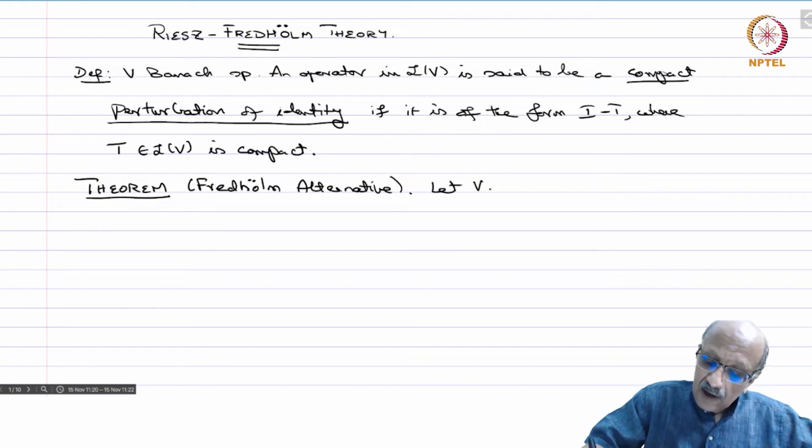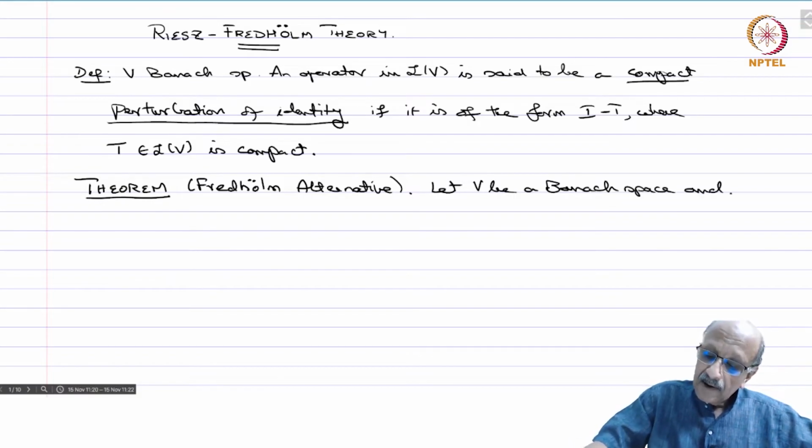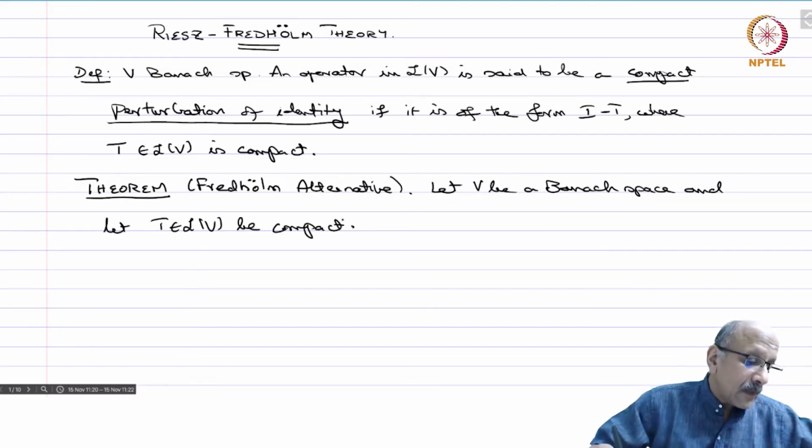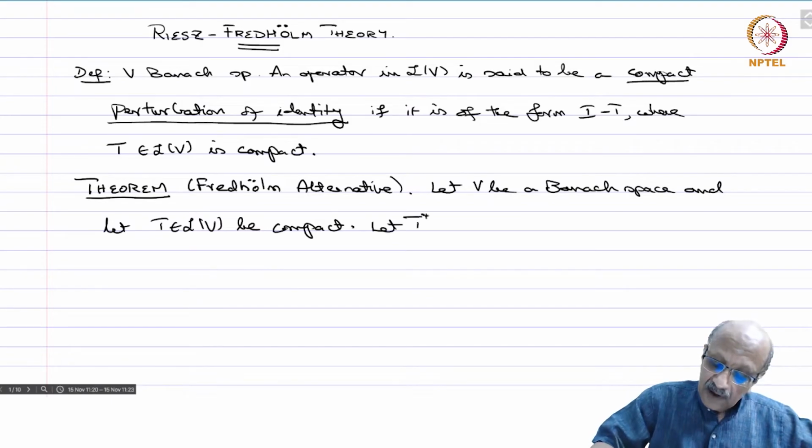So let V be a Banach space and let T in L(V) be compact. Let T star be its adjoint.